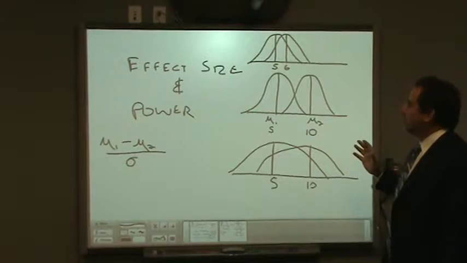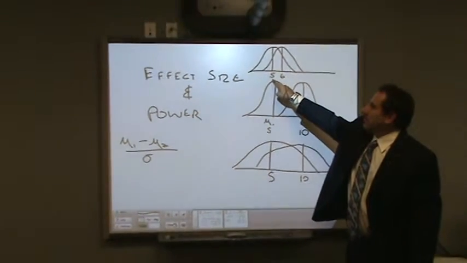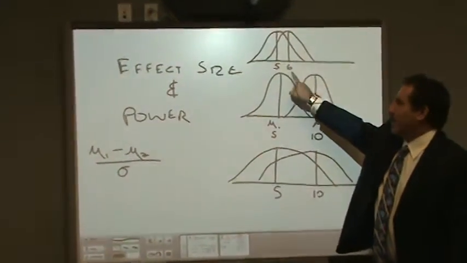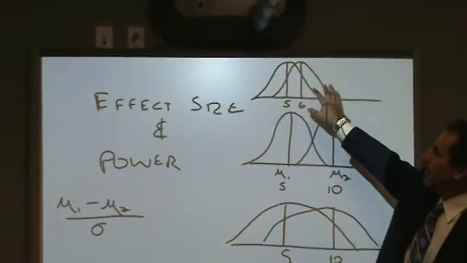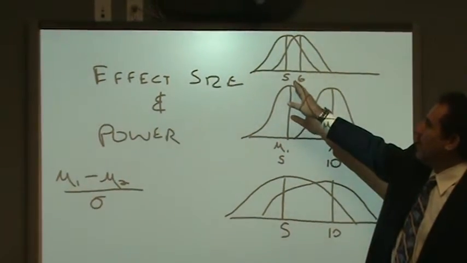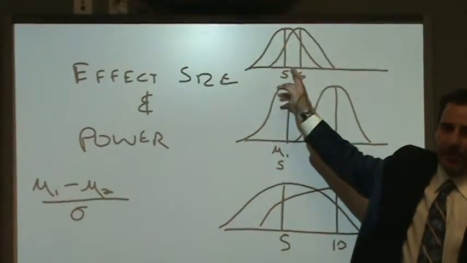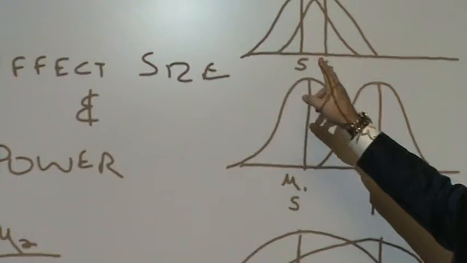And I think what you'll see is that if your means are close together, that says 5 and 6, if you can read that, if your means are close together, even if your standard deviations are relatively small, there's a lot of overlap there. And that would be a rather small effect size.